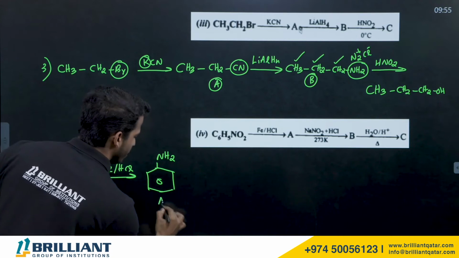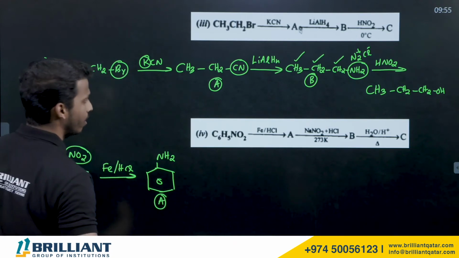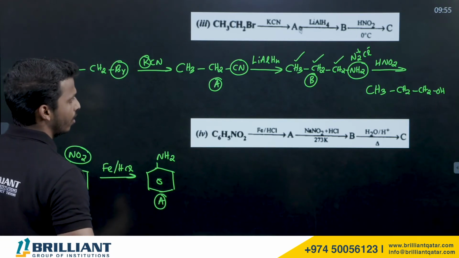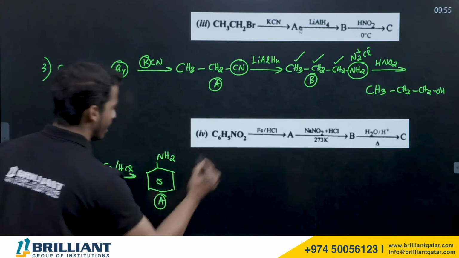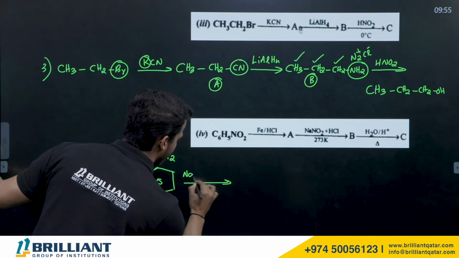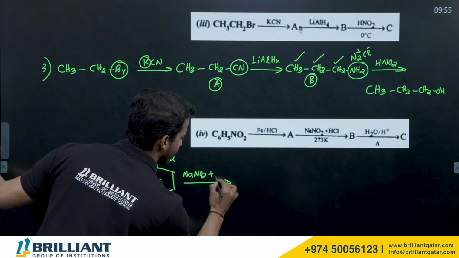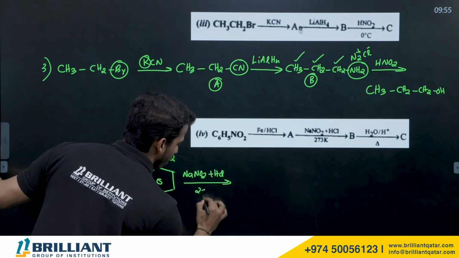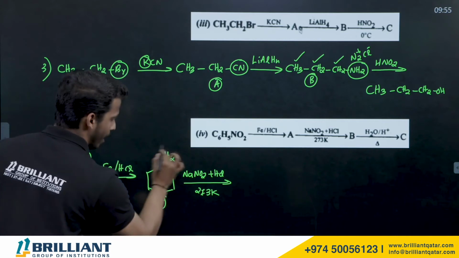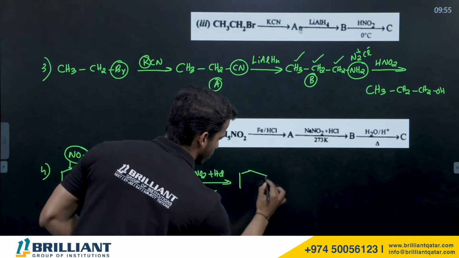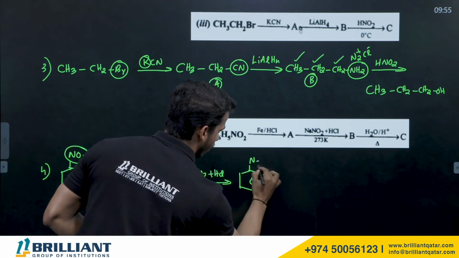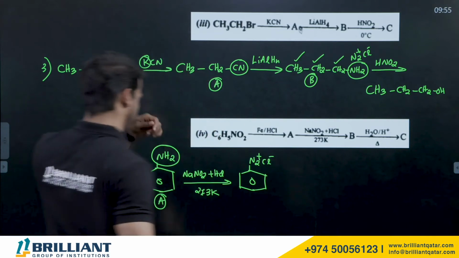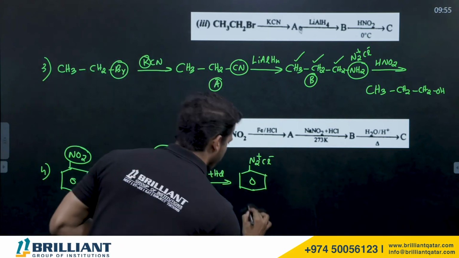And this compound is A. Then the second reaction is treatment with NaNO2 and HCl at 273 K, meaning 0 degrees Celsius. Which means diazotization, right? NH2 is converted into diazonium salt. We will get benzene with N2 plus Cl minus. Alright. This is your compound B.